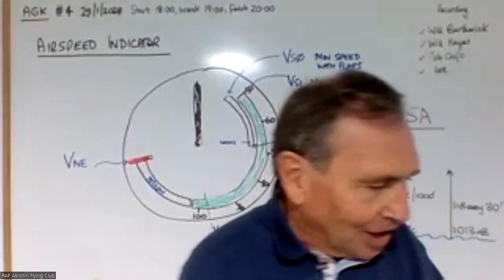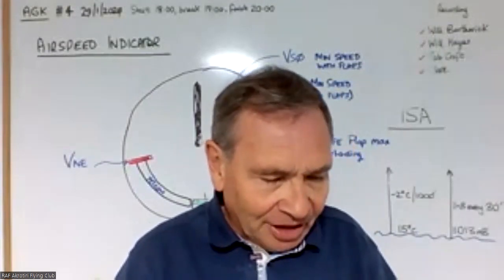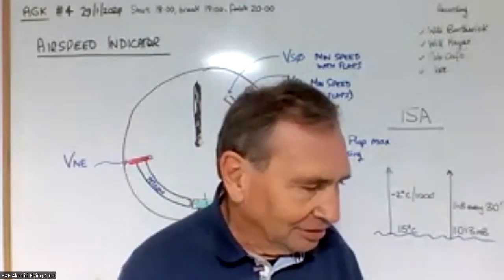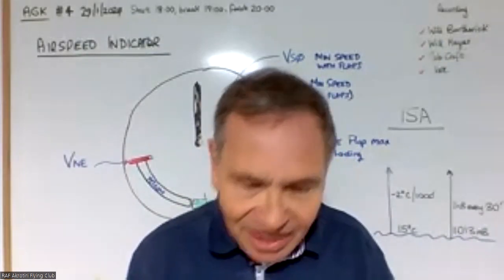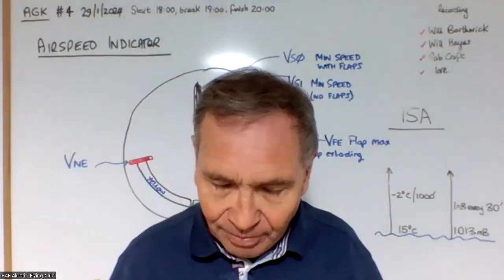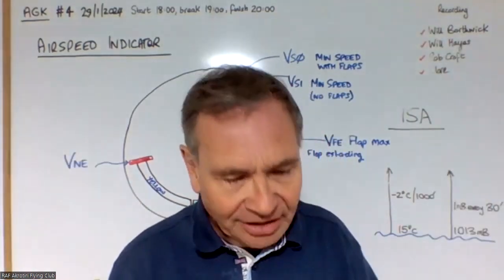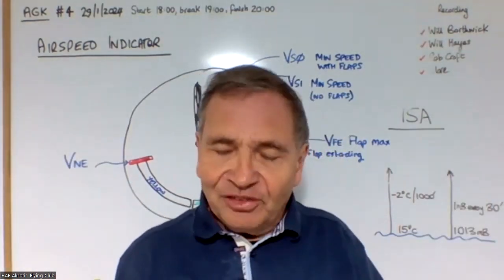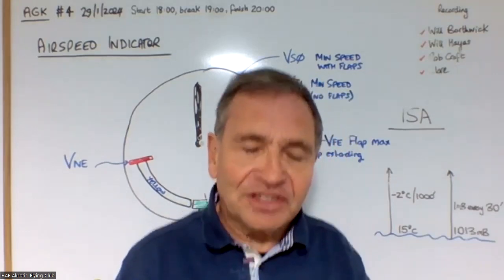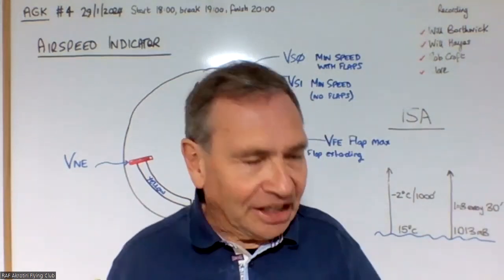In that, if the plane is flying at 500 miles an hour, or was capable of flying at 500 miles an hour at sea level, and it climbed to 30,000 feet, and it still flew at 500 miles an hour, using the same amount of fuel, using the same thrust, using the same everything.